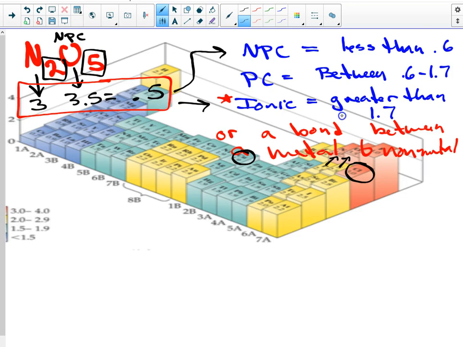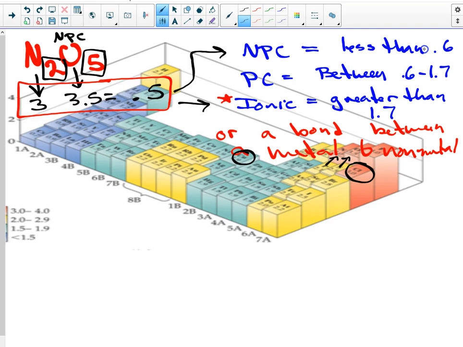All right, here's just a general generalization. So if you have two atoms and you find their differences and they're less than 0.6, the substance will be nonpolar. If you find two and their difference is between 0.6 and 1.7, usually they are polar. Now there's an exception to every single one of these, but this is generally true.